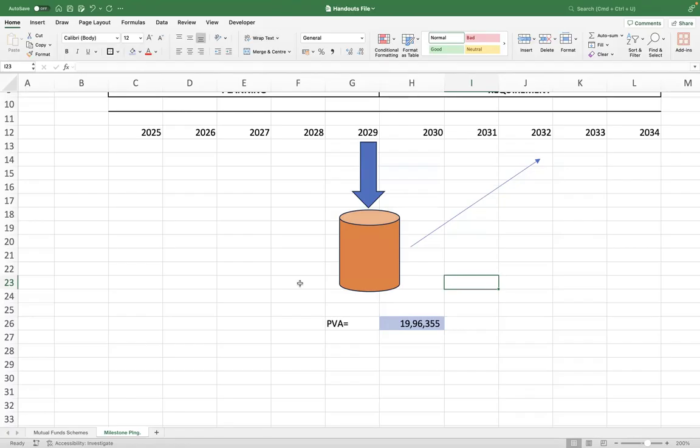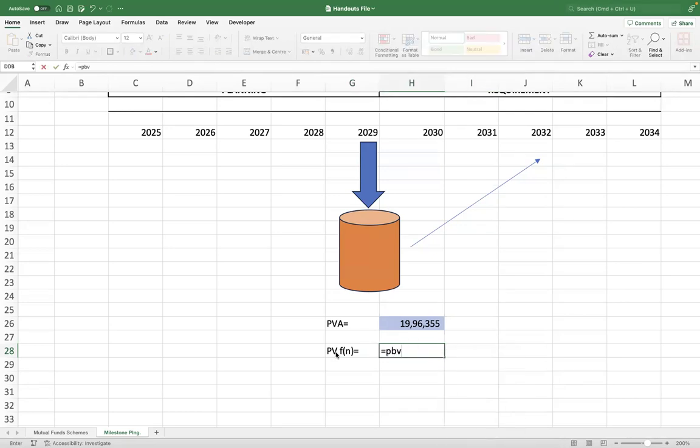The function is called the PV function, present value. So if I use the PV function, equal to PV bracket open, सबसे पहले वो आपसे पूछ रहा है rate. What should I mention as the rate? 8%, comma, N per. N per is the number of periods in your requirement phase. 5 years, comma, PMT.